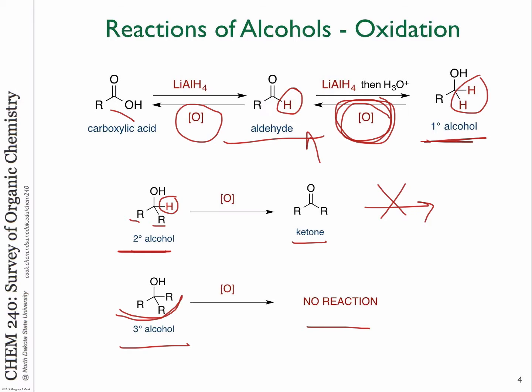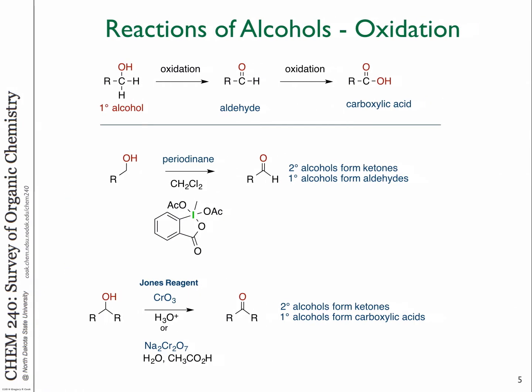Unfortunately, there are some. Your book presents a few, and I'm sorry, I do have one typo here. There should be a 3rd acetate group right there. This is a way to take a primary or secondary alcohol and oxidize it to a carbonyl. Fortunately, this reagent, which we call periodinane, is really mild.